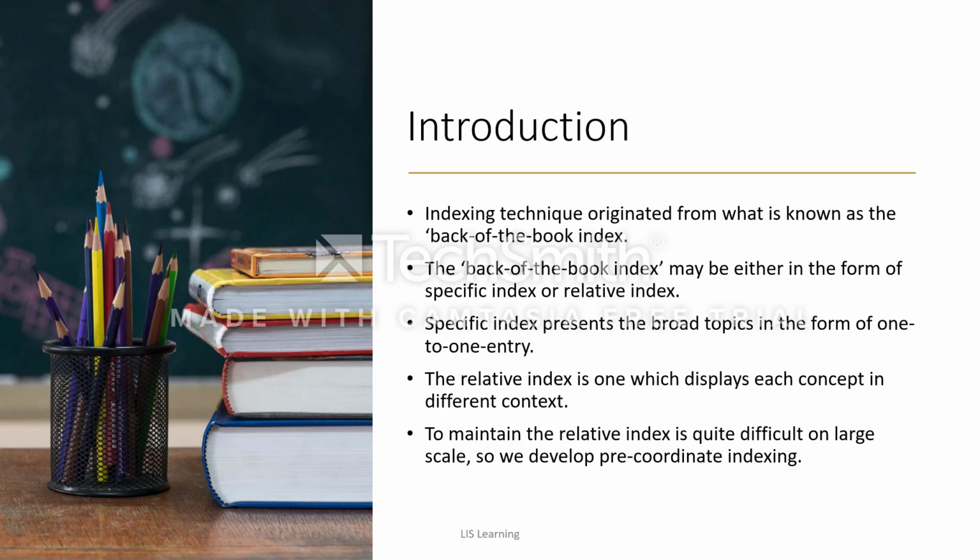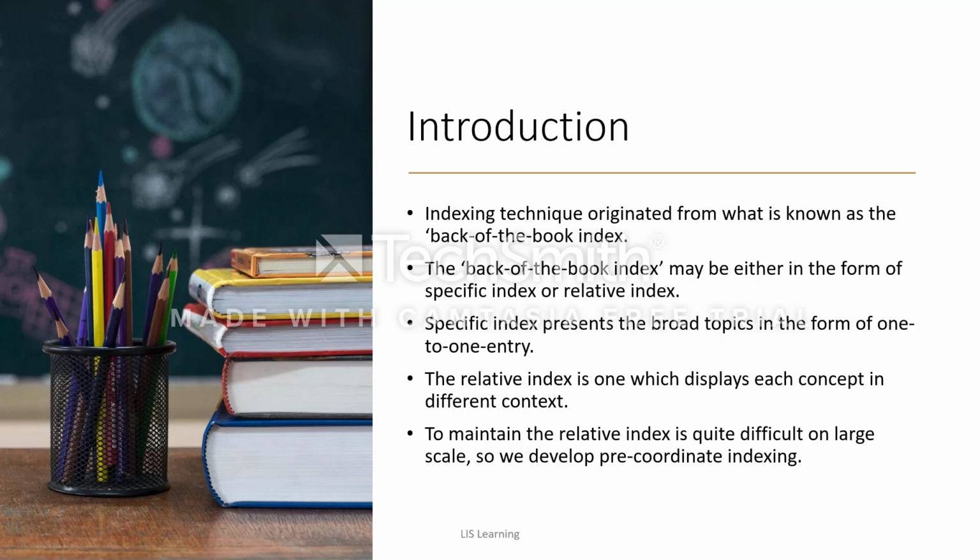We have one concept related to different contexts. A good example of this is the relative index of DDC, where each concept is described or written in different contexts, so we can say that this is a good example of relative index.